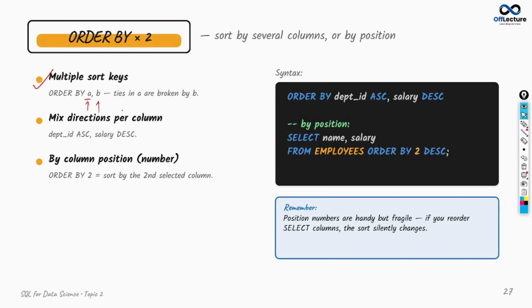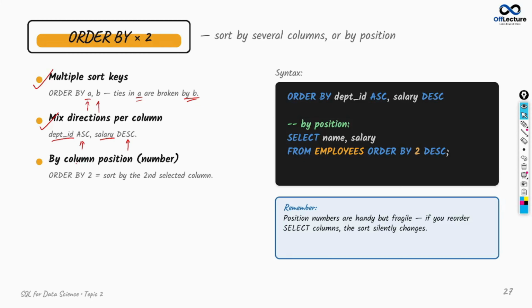It will sort first by A, then by B, and ties in A are broken by B. You can even mix the directions as per your requirement. For example, you want department ID in ascending order and salary in descending order. So you can mix and match that as well.